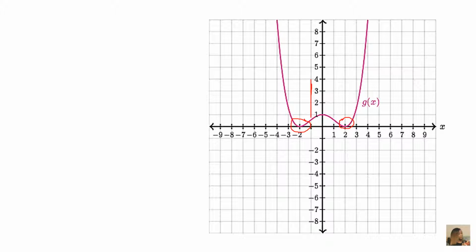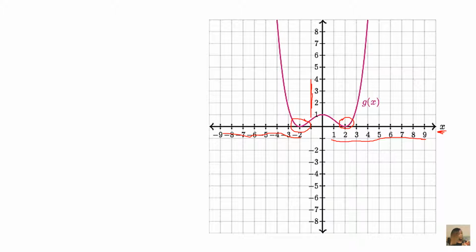So our independent variable, or our inputs, would be the entire domain of g of x, that is all the x values, and our output, where we would choose our minimum value from, would be at some particular y value or f of x value, or again, a dependent variable value.